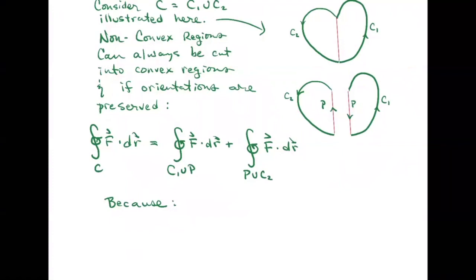If we do the line integral along P with an upward orientation, this is the negative of the line integral on P with a downward orientation.